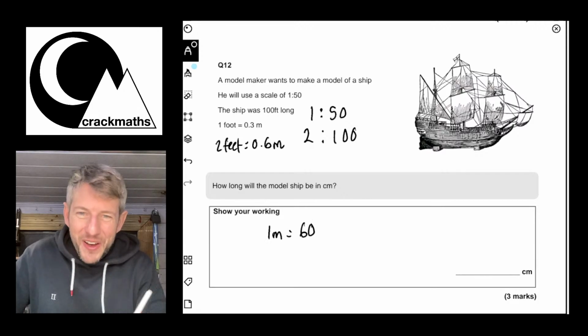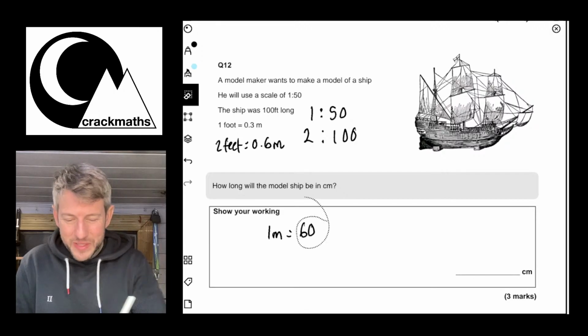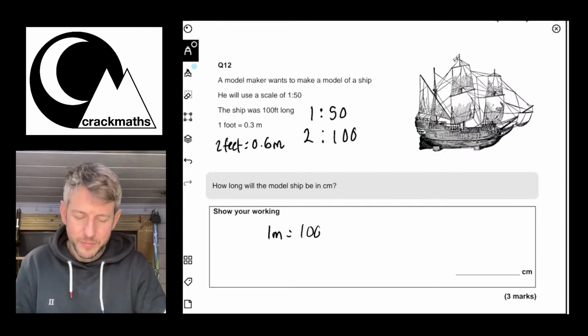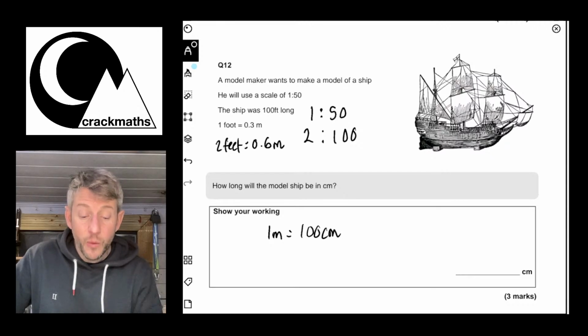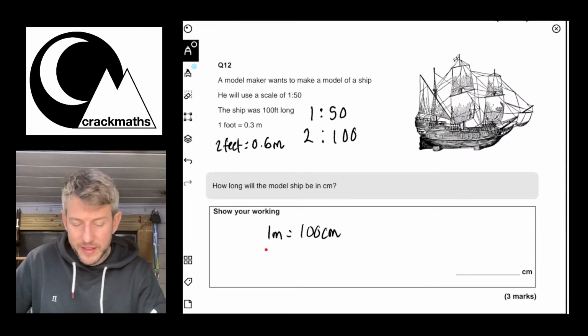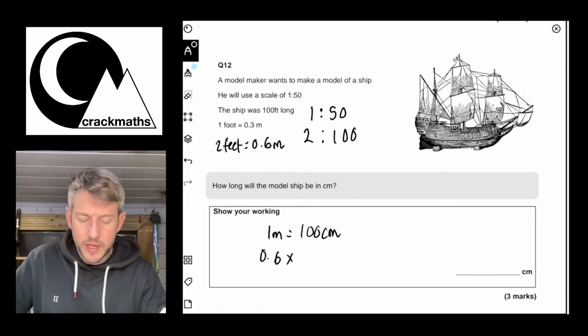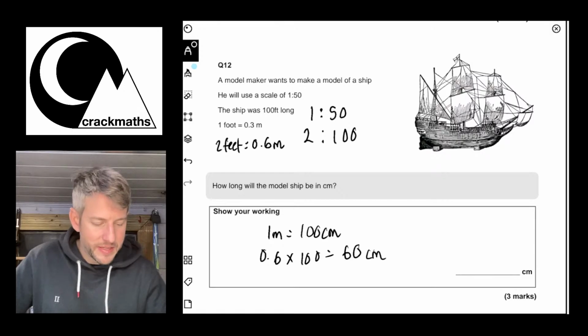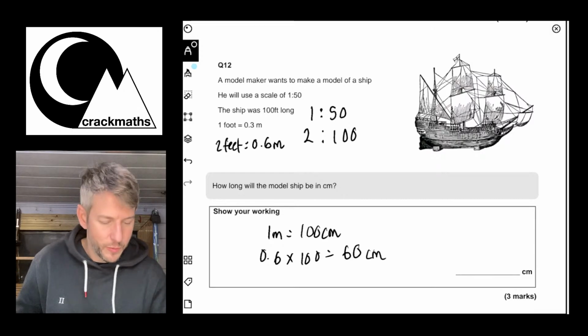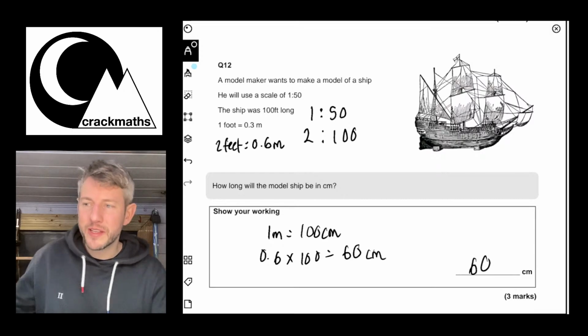No, it doesn't. 1 meter equals 100 centimeters. So to go from meters to centimeters, we multiply by 100. So we're going to do 0.6 times 100, which would be 60 centimeters. So I can write that down here. So we've got here 60 centimeters.